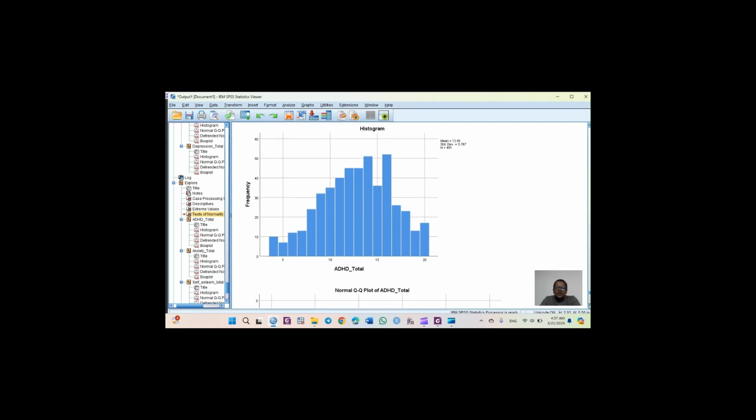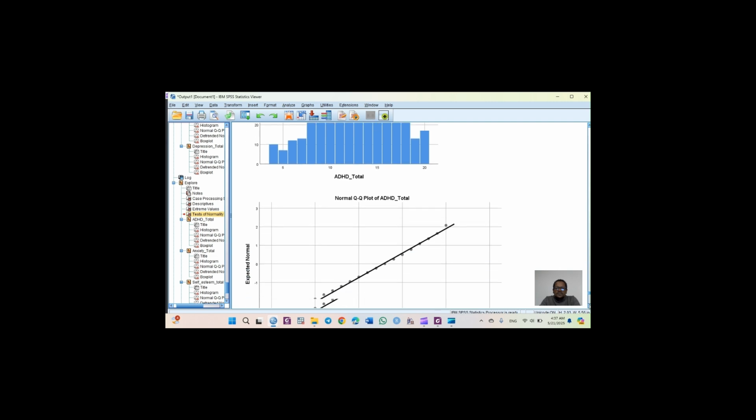So one of the graphs is the histogram. The other important graph is the QQ plot, quantile plot. In the QQ plot, if the data is normally distributed, the data points closely align with the line.